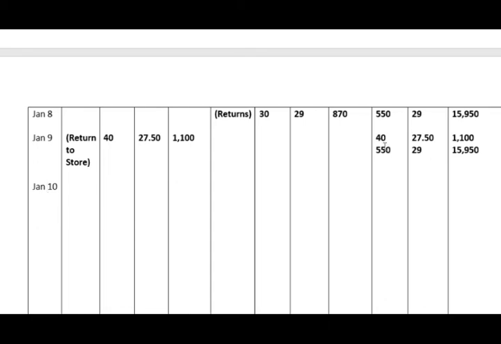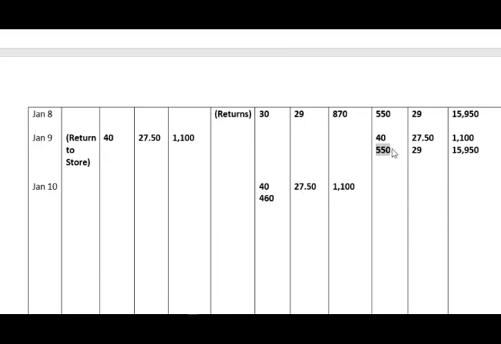Since it is FIFO, we will write it at the top. So we will first issue what? The 40 units at what rate? 27.50. It amounts to 1100, and we need how much more? Already we have issued 40, and we need to issue 500 units. So we need 460 more to make it 500.